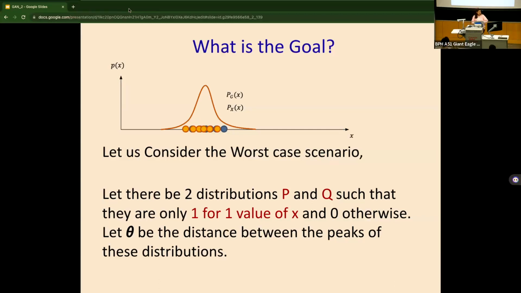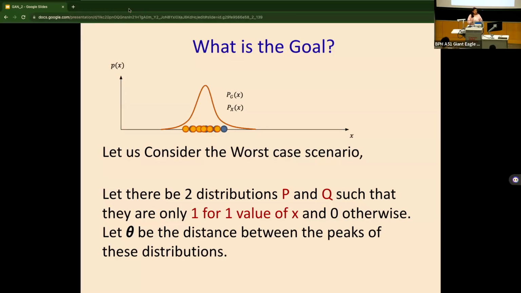So in this case, let's just consider the worst case scenario, okay? Let's consider that we have two distributions, P and Q, such that they are only one for one value of x, right? So why is this difficult? Because we want to overlap them one over the other, and if both of them are one at only one particular value, then it will overlap at only one particular value, right? So it is the worst case scenario over here.